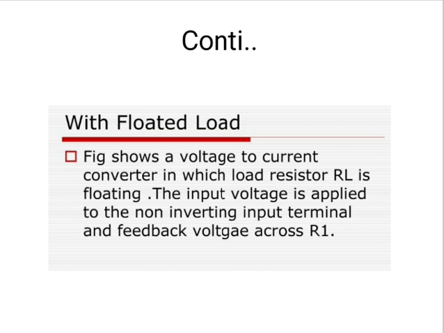So Vin is applied to the non-inverting input terminal and the feedback voltage across the R1 drives the inverting input terminal. This circuit is also called the current series negative feedback amplifier because the feedback voltage across the R1 depends on the output current I0 and it is in series with the input difference voltage VID.